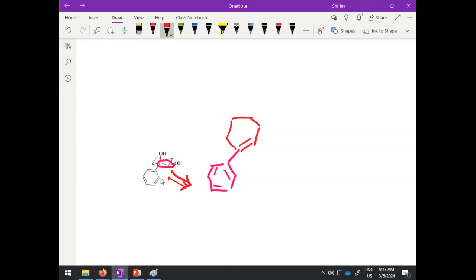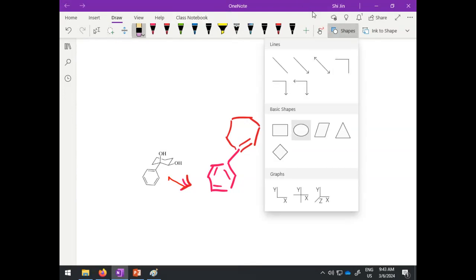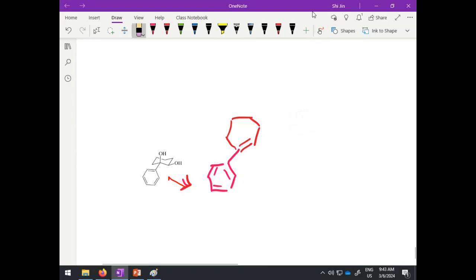And the starting material is, I can erase the image, okay? But you just with a single OH, let's say, can I just cover it? I can't cover it, okay?